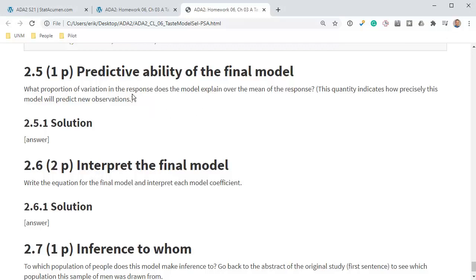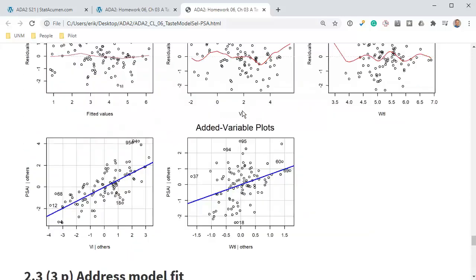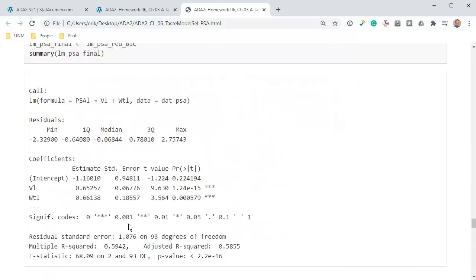What proportion of variation in the response does the model explain over the mean of the response? Okay, so I'll page up a little bit. That is the output for the final model, the multiple R-squared. So this is not the adjusted R-squared, which is used for model selection, and we will discuss that quantity later. It's just the multiple R-squared. So it's about 59%. This is quite good.